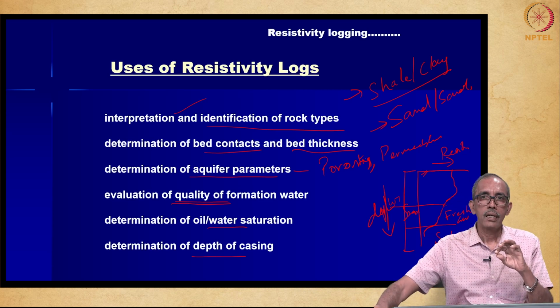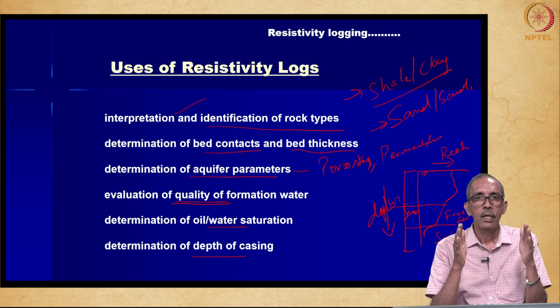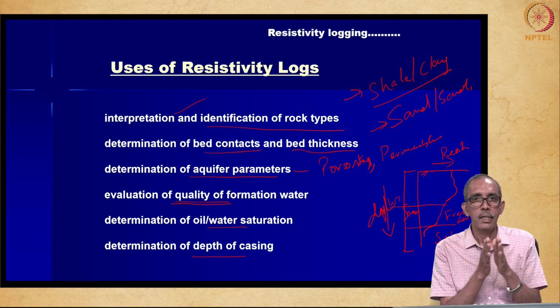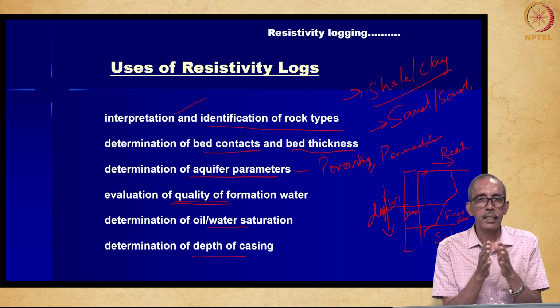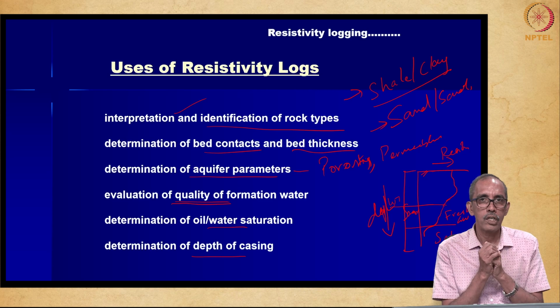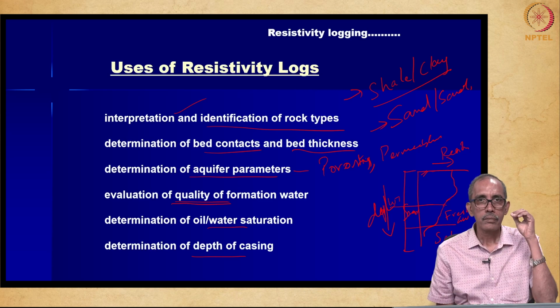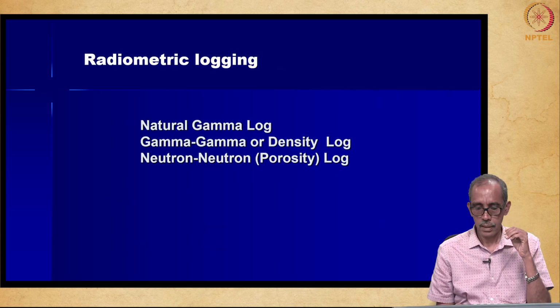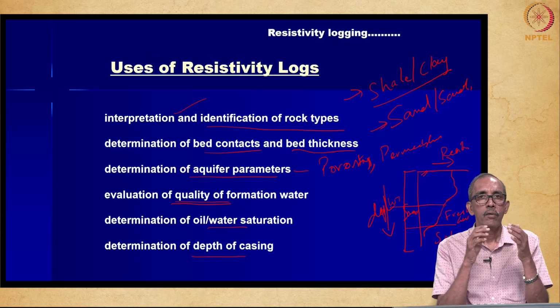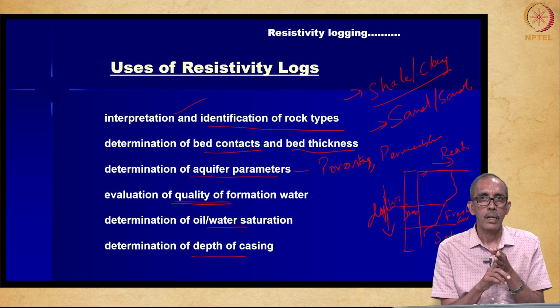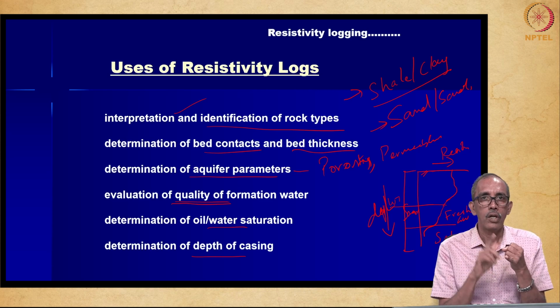So, until now we have seen the various logging methods related to electrical. First we had seen cell potential logging, then we had a look into resistivity logging methods, right. That is, we had seen the various resistivity logging methods such as normal log.